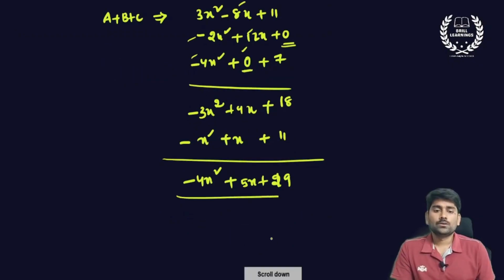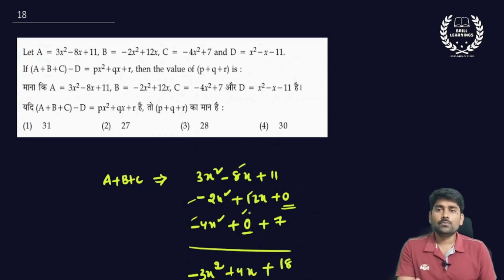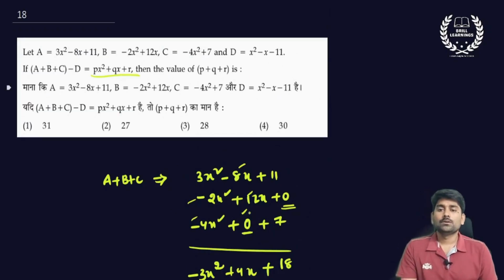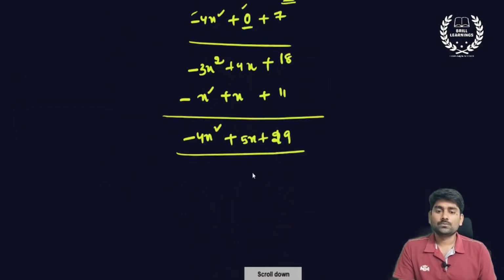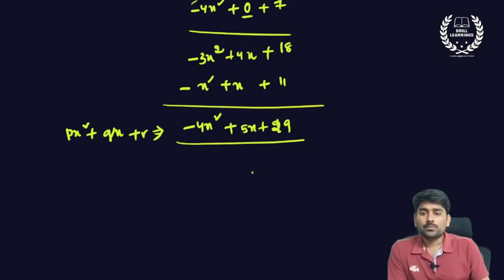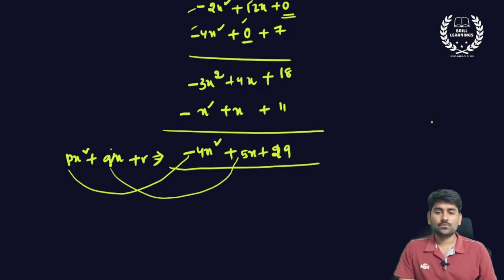Now see the equation. Whatever value we got just now is equal to px square plus qx plus r. Now the corresponding coefficients are equal to these values. p is equal to minus 4, q is equal to 5, r is equal to 29.